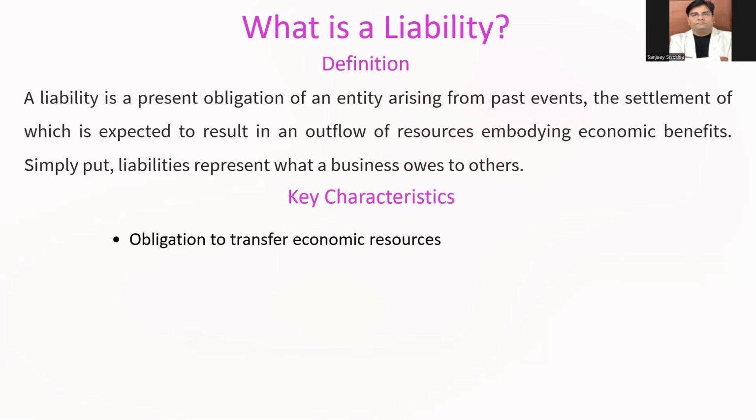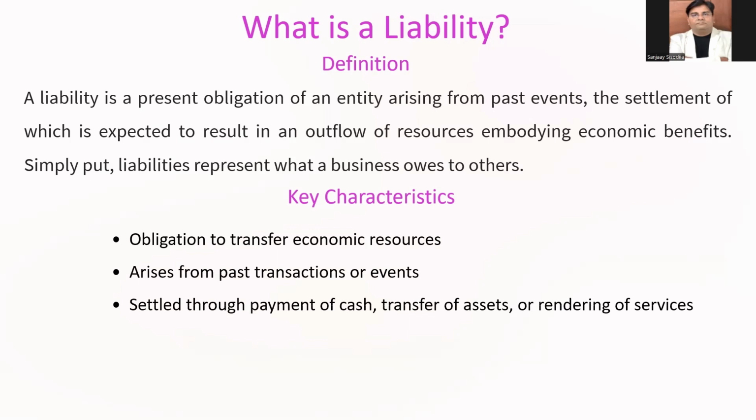As we discussed in our example, we need to pay rupees 10,000 to Mr. X. So cash is an economic resource and this is our obligation to pay. Then, arising from a past transaction or event, that is something we have already discussed. Then, settled through payment of cash, transfer of assets, or rendering services.